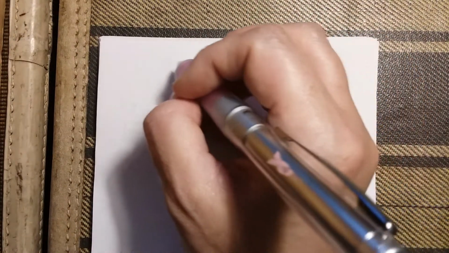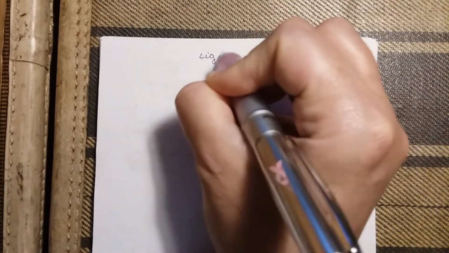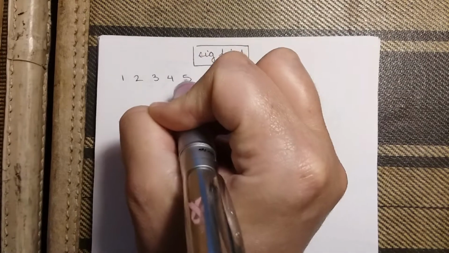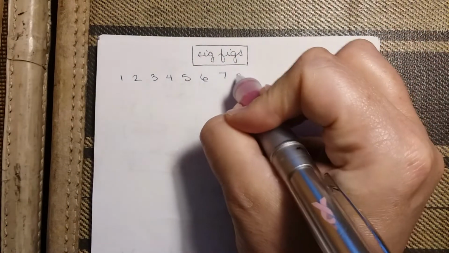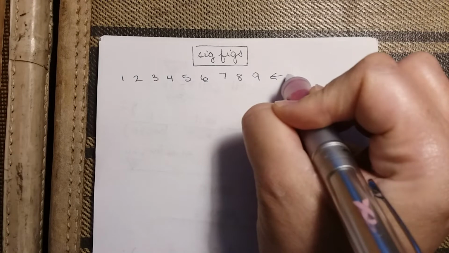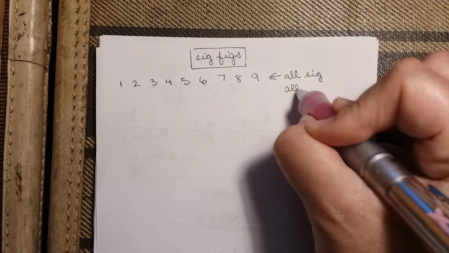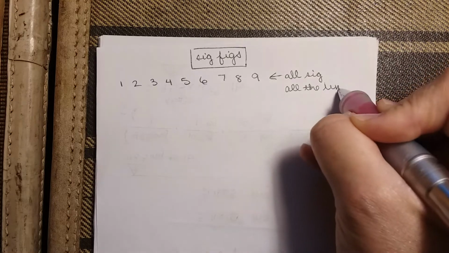to you. So starting out, I'm not even going to talk about the non-zero numbers. Regarding sig figs, we know that 1, 2, 3, 4, 5, 6, 7, 8, and 9 are all significant all the time.